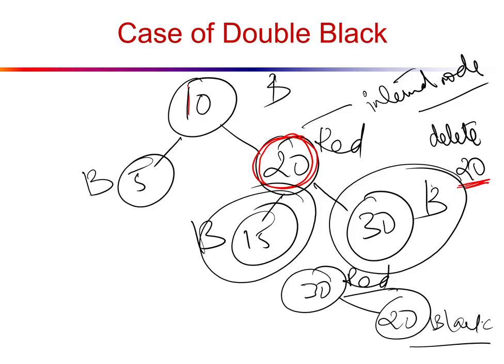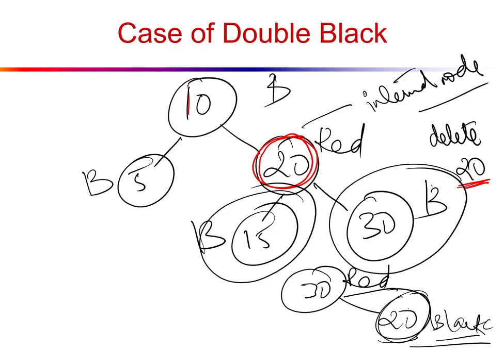So even if I replace 20 with the rightmost element, the place where node 20 is located will still be black in color. And the properties of deletion state that I cannot delete a node which is black in color.